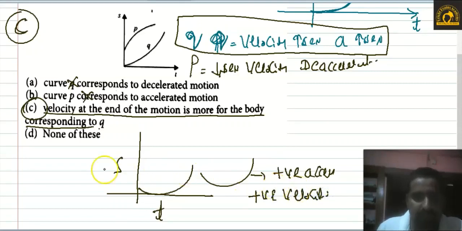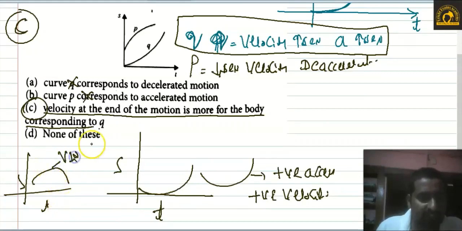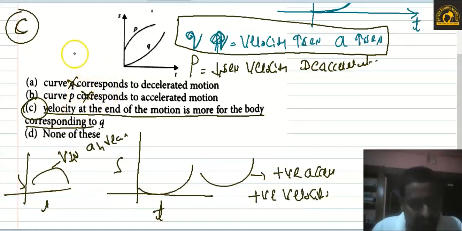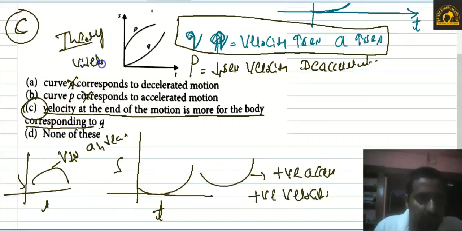In the S-T graph, the curves are like that. This is where velocity decreases and acceleration decreases, that is deceleration. This is the end point. I already explained this in the theory class. For more, you have to watch my theory videos for the conclusion of these questions.